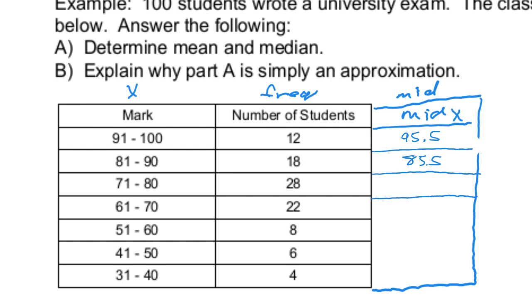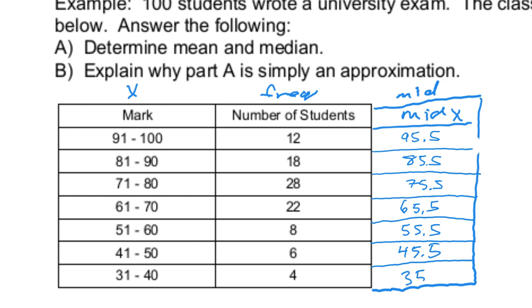Same for the next, 75.5, and we keep going, 65.5, 55.5, 45.5, 35.5.